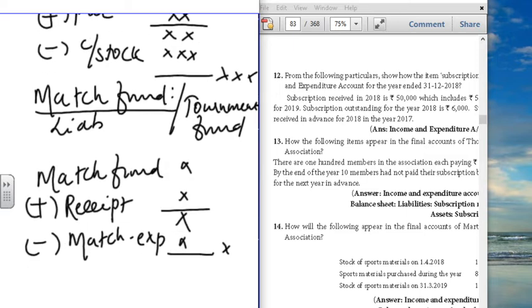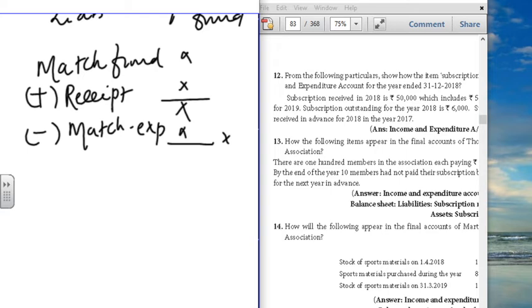Now let us solve the exercise problem, problem number 14. How will the following appear in the final account of Marthanda Women's Cultural Club Associations? Just look into the question. It is a stock of sports material.